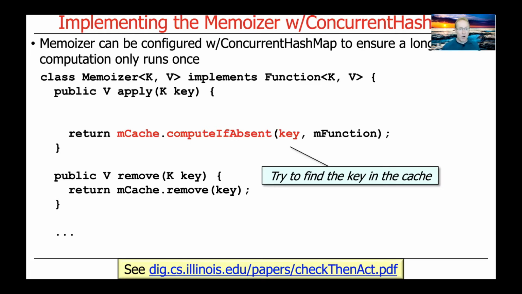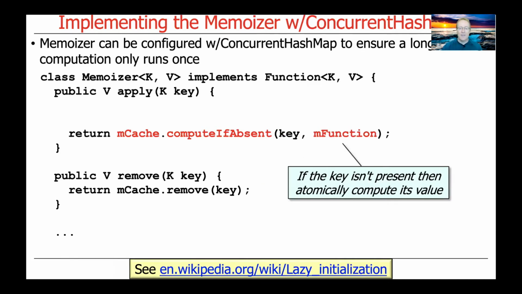We want to know, is it prime or not? And the first time that this is called, in other words, the first time when there's no value associated with that key in the map, then the function's apply method will be called back in order to compute whatever the function does. And if the function, of course, is to check if a number is prime, then that's what the function is going to do. But we can parameterize that function.